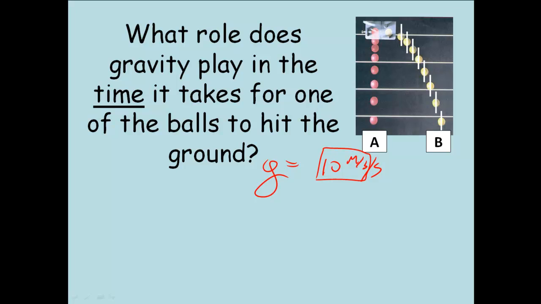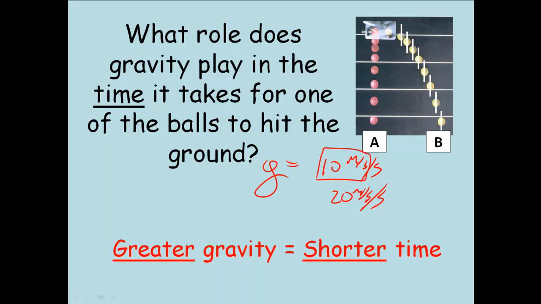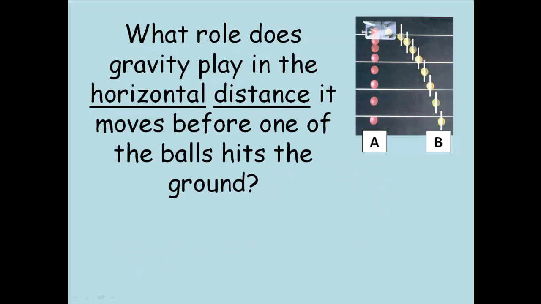What happens if gravity is greater? In other words, it makes it go 20 meters per second every second. I think it's safe to assume that it should take less time, right? Greater gravity means less time, shorter time. Well, what does gravity play in the horizontal distance? Well, remember, it's all about the time.